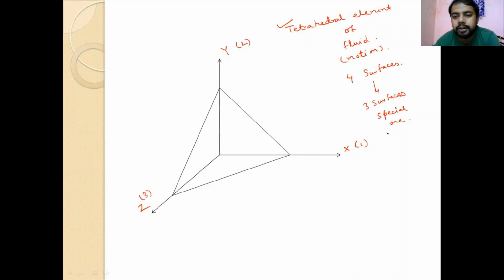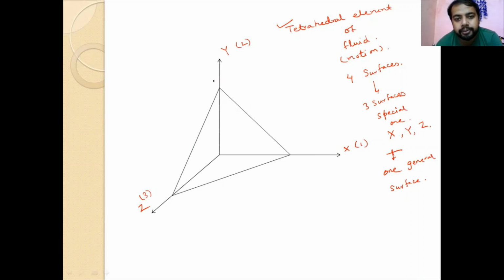That means if you draw a normal to one surface, it is along the x-axis, another along the y-axis, another along the z-axis, and another is a general surface. 3 special surfaces plus 1 general surface. That's why we are choosing the tetrahedral element of the fluid. The tetrahedron has 4 surfaces, out of which 3 are special and 1 is general.